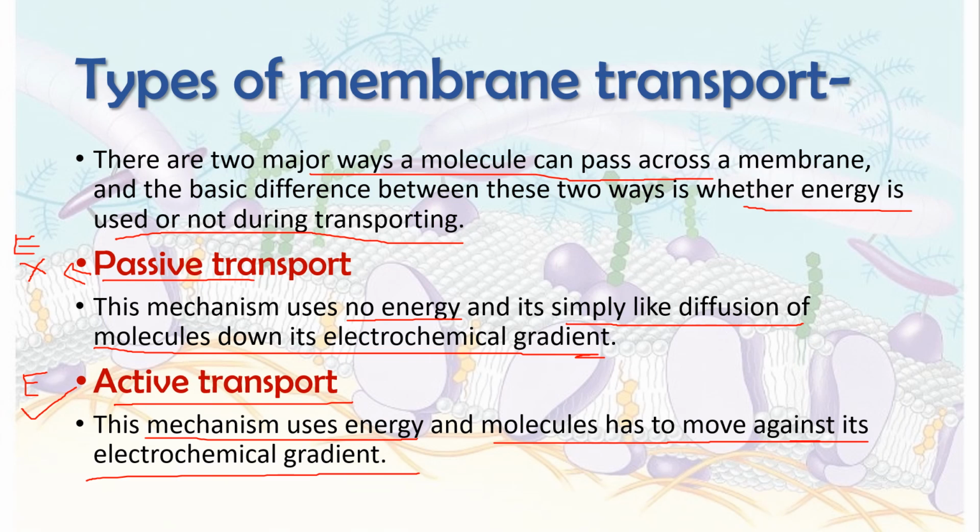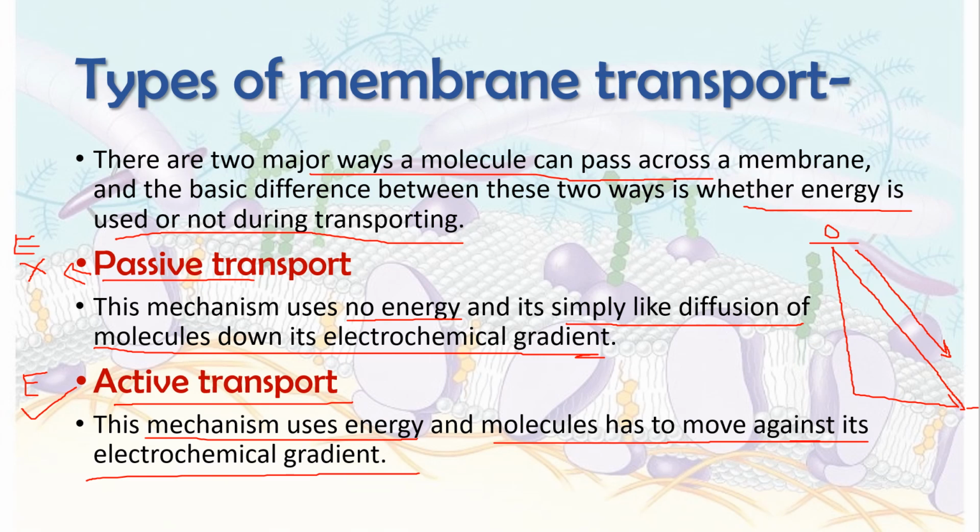So if we take a look, suppose we have to throw a ball from high to low. Okay, this is higher region and this is lower region. We have to throw a ball from higher to lower.